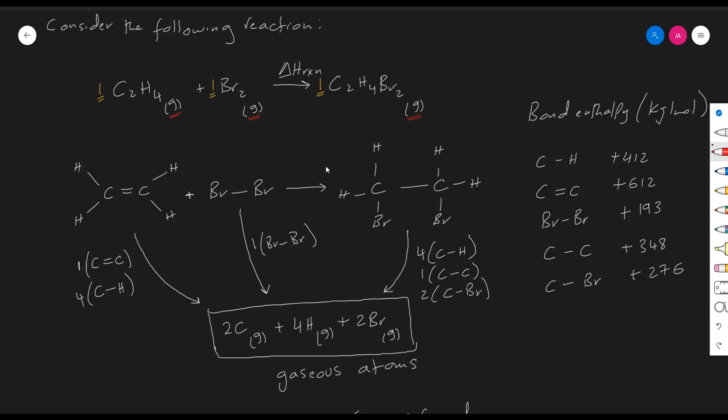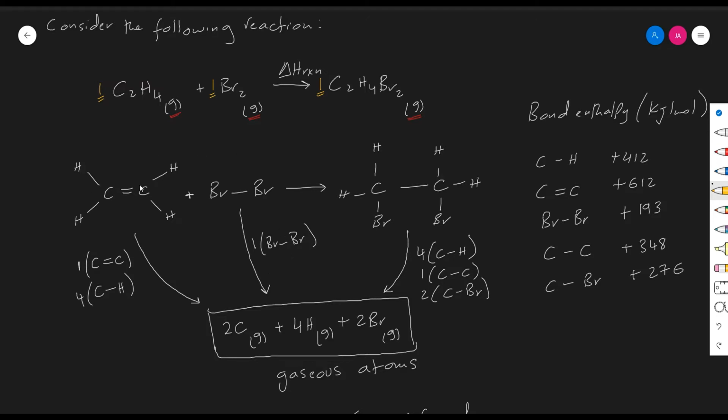You should think of this reaction as proceeding by initially breaking all the bonds in the gaseous reactants here. So we would break 4 moles of C-H bonds, 1 mole of C double bond C, and 1 mole of Br-Br bonds.